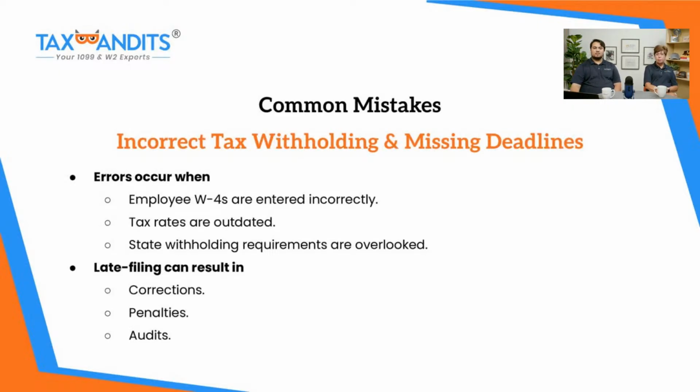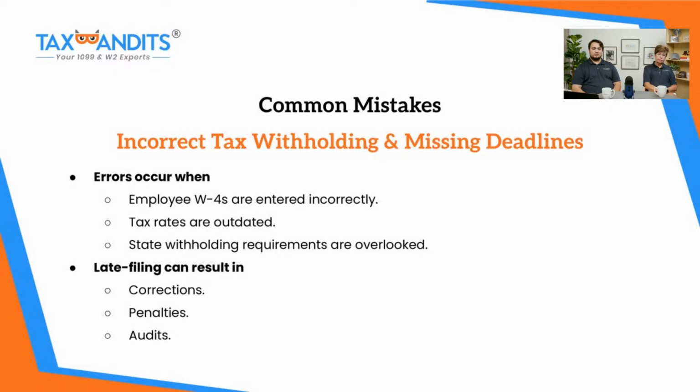And then errors occur when employee W-4s are entered incorrectly. So if somebody has filled out their W-4 and elected deductions that maybe they shouldn't be taking, or filled out their information, any dependents, anything incorrectly, that can have an effect, along with tax rates being outdated and state withholding requirements being overlooked.